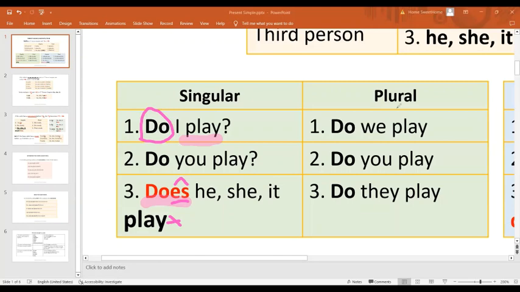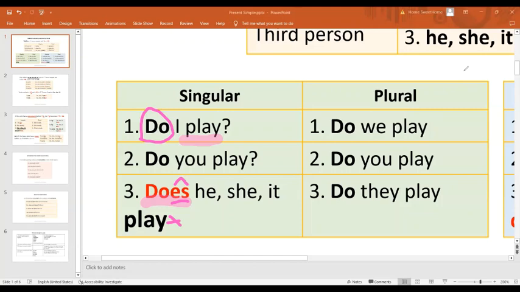When you look at the plural, you see no changes, so it is very simple to make a sentence. Do we play? Do you play? Do they play? The answer will be yes, they do.